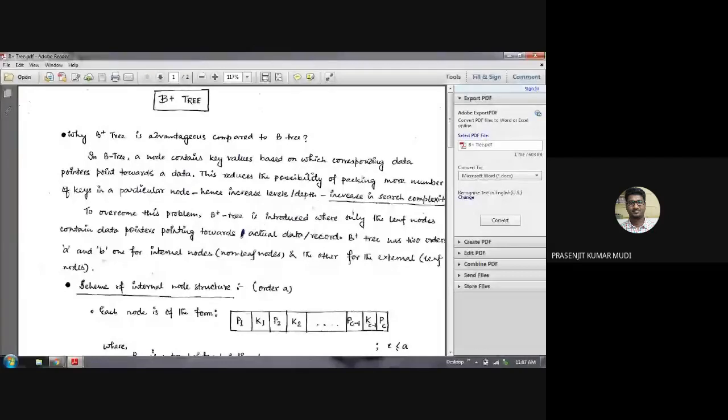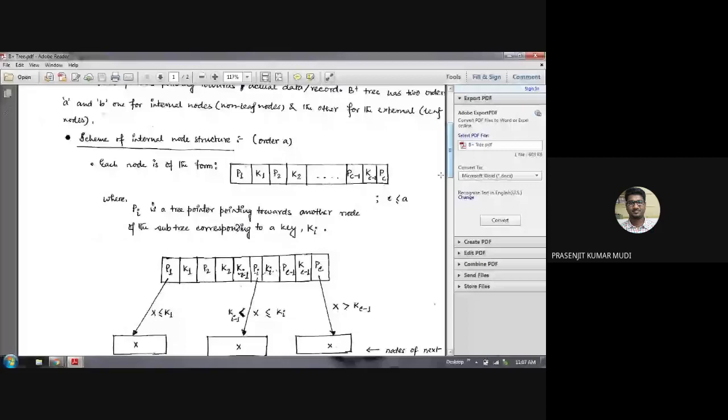And what is that? Let's take an example. Suppose in a B plus tree, P1, K1, ..., PC minus 1, KC minus 1, PC.